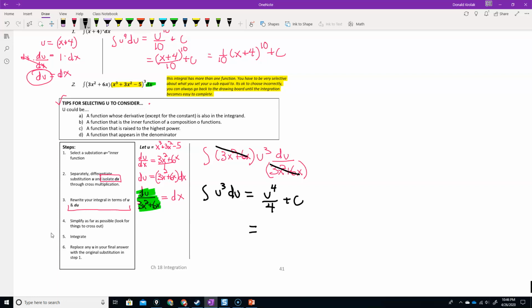Now substitute your u back in. So that's going to go right there, and I end up with x cubed plus 3x squared minus 5 to the fourth divided by 4 plus some constant.